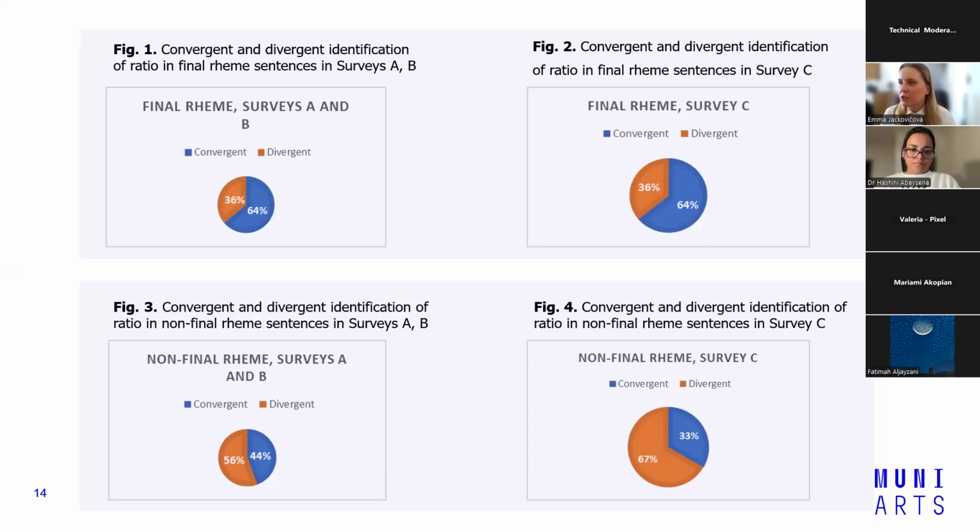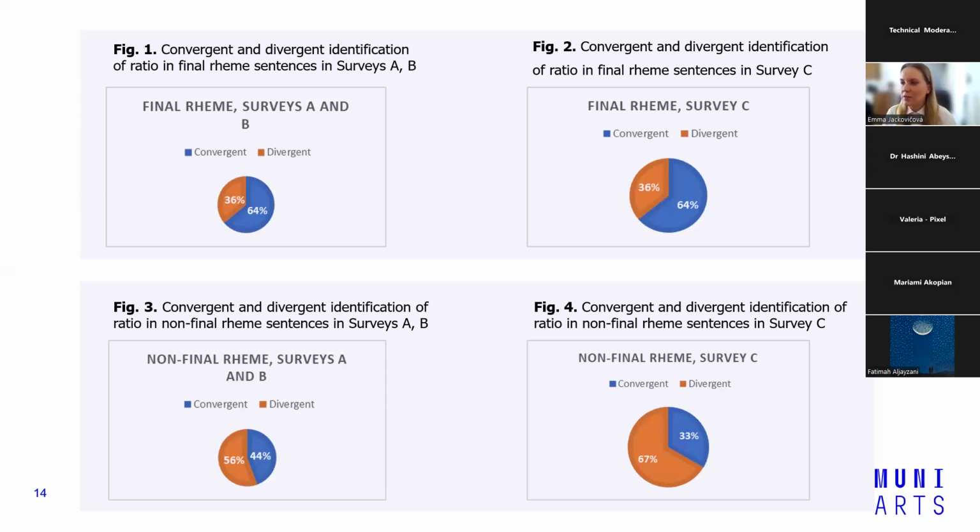On the top, in figures 1 and 2, you can see non-natives and natives analyzing final rhemes with 64% of convergent answers, whereas when they analyzed non-final rhemes, non-natives answered with 56% of divergent answers, and natives with 67% of divergent answers.